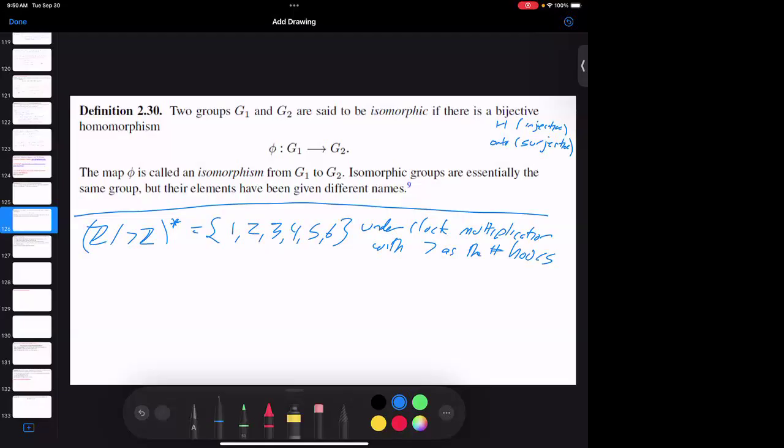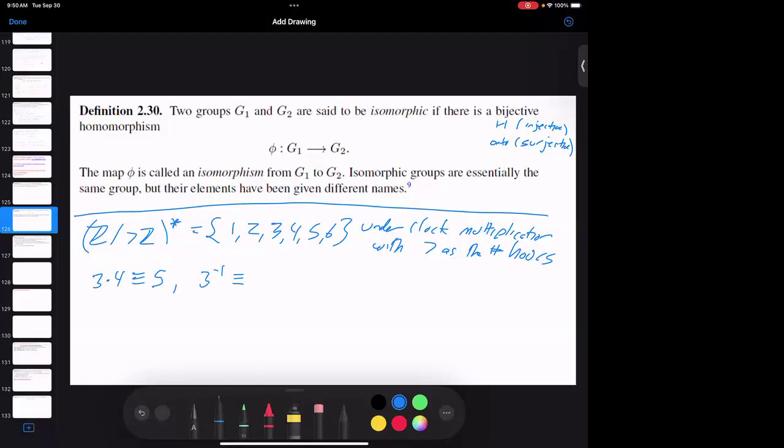Okay. So for example, what would 3 times 4 equal on a clock with 7 hours? 5. 3 times 4 is 5 more than 7. What would 3 inverse be?